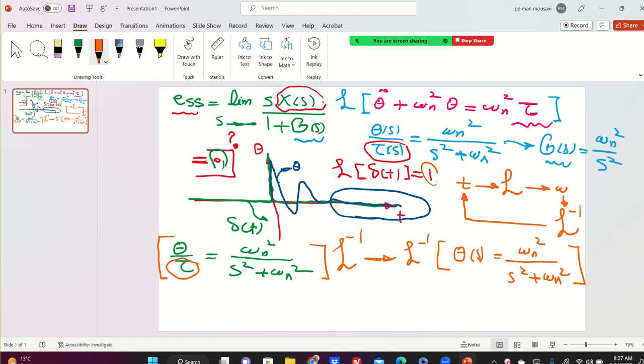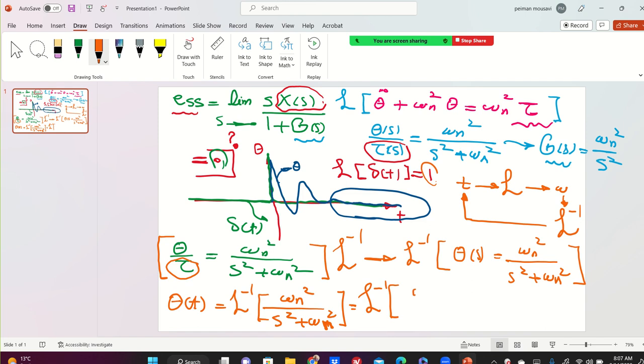Frequency domain gives you time domain. So you get theta of t equals the Laplace inverse of omega n squared over s squared plus omega n squared.